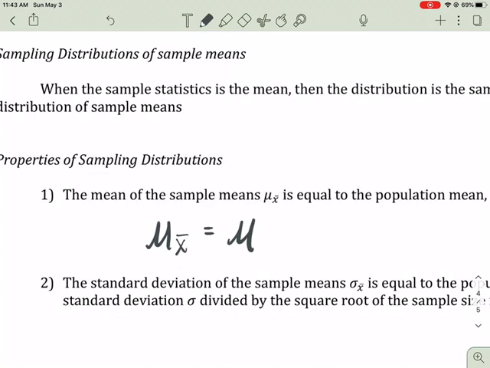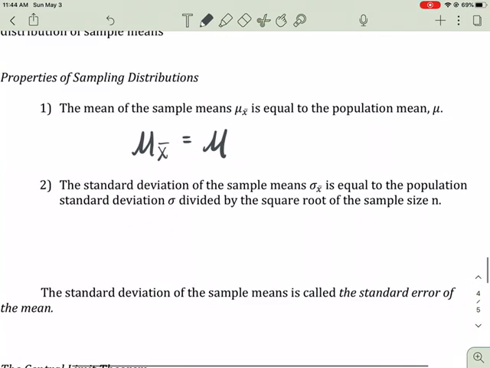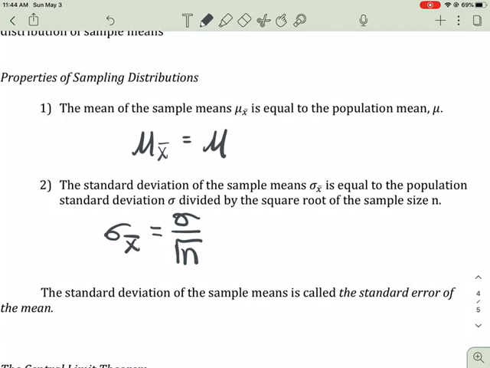Now that's huge, because even if we know nothing about the population and we take large enough samples many times, we can estimate the population average. That's huge. And the standard deviation of the sample means, sigma x bar, is equal to the population standard deviation divided by the square root of the sample size.